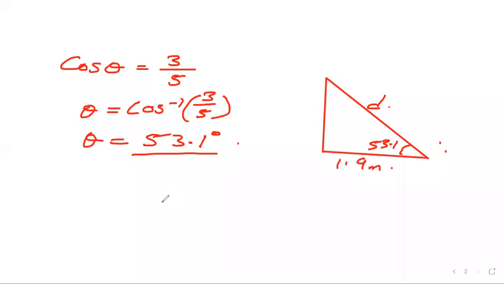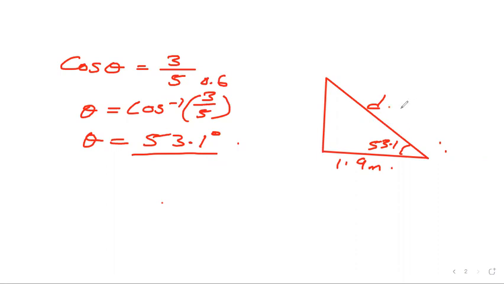You divide 3 by 5, and you have 0.6 as your value. Then you can find the cosine inverse of that. Okay, sir. Thank you. I was computing it wrong. You're welcome.